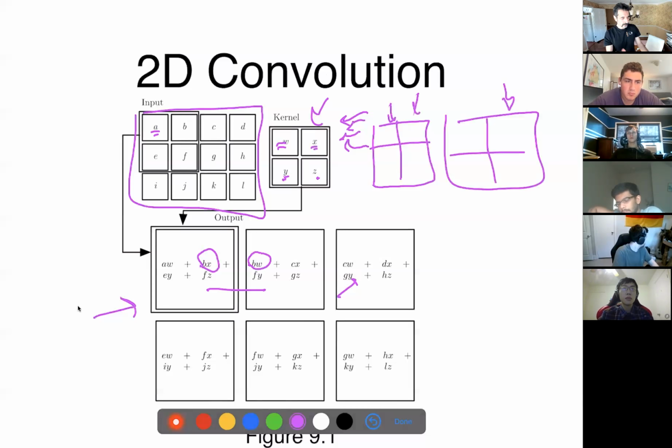Imagine that this kernel is for detecting edges, and this one is for detecting some other features, like circles, for example. Each of them can be thought of as associated with a different feature that you want to learn.